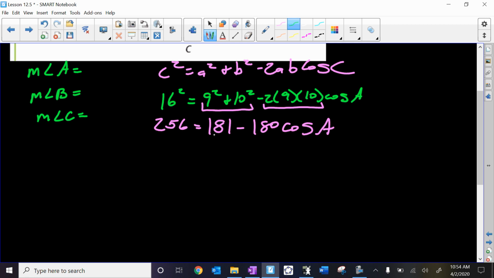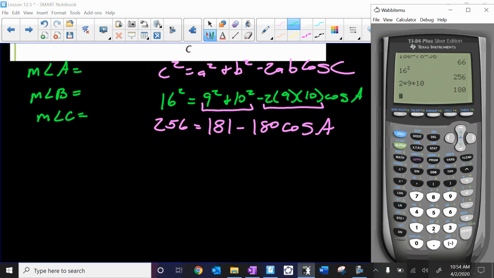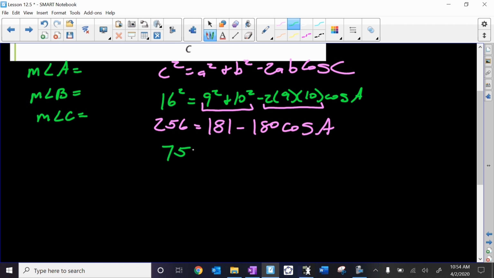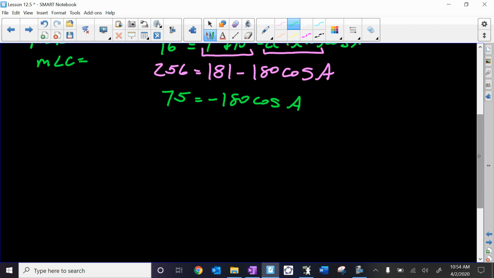Instead, I need to get 181 to the left side by subtracting. So we're going to take 256 minus 181 to get us 75, equaling negative 180 cosine of A. To get cosine of A by itself, we're going to divide by negative 180. So 75 over negative 180 equals cosine of A.